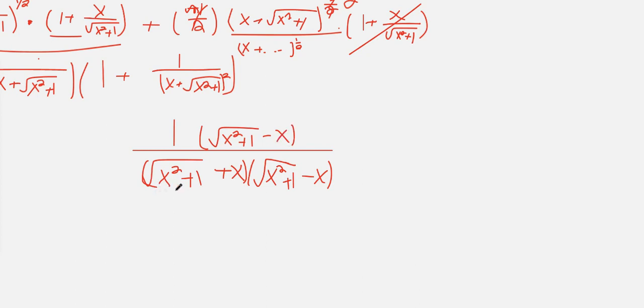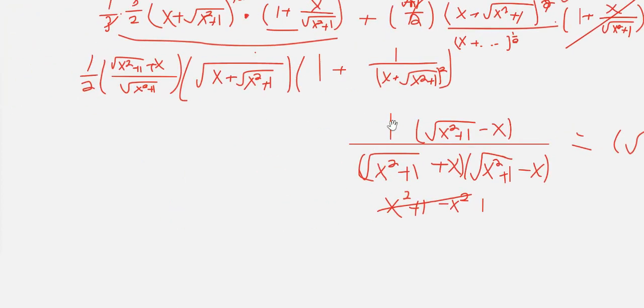But now in the denominator, we have a difference of squares. And this becomes x squared plus 1 minus x squared, which is just 1. So this whole thing comes out to be the square root of x squared plus 1 minus x.